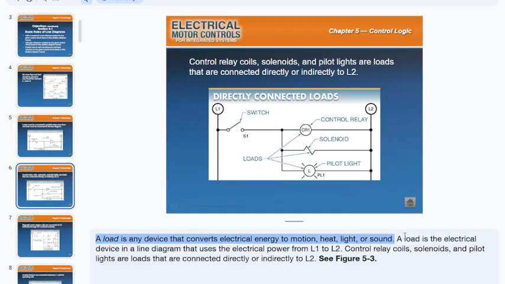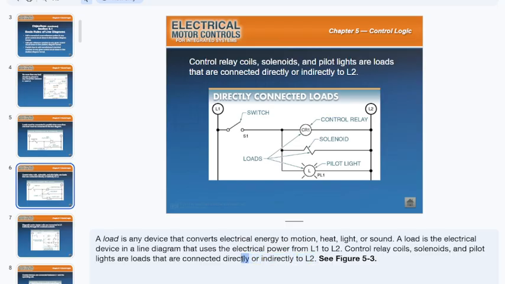So let's continue. A load is the electrical device in a line diagram that uses the electrical power from L1 to L2. Here again, I'm going to restructure this last sentence, but if you are going to highlight this, only highlight up to directly. Do not include the "or indirectly to L2" part.